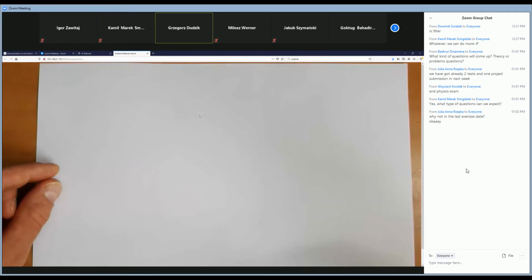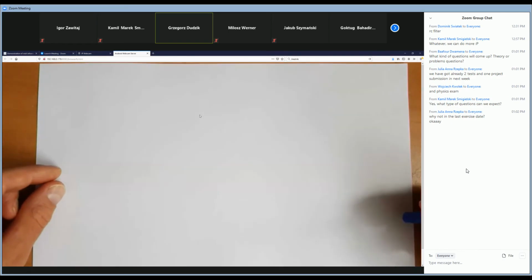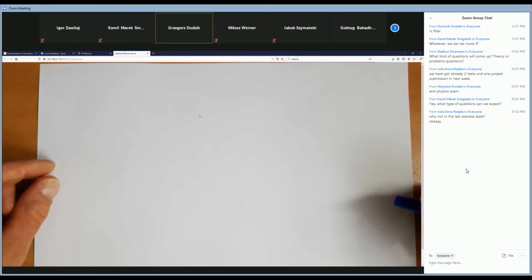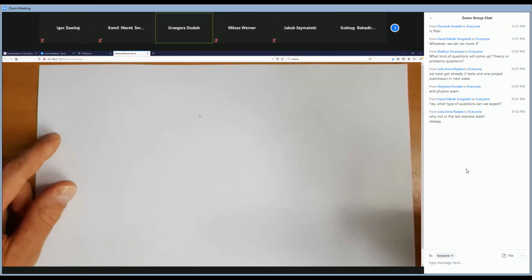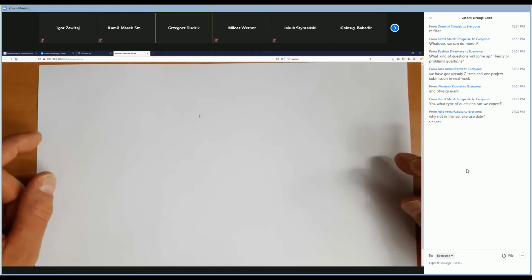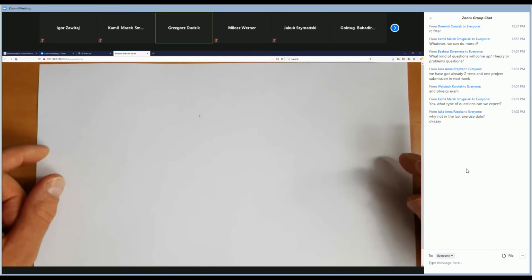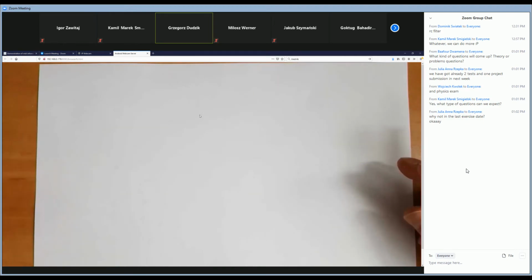But one thing I have to say, what is the range of the material for it? Yeah. This is very important for you. Because the question is, do you want to have the exam or test from the whole material at once time, or do you want to divide it into 2 parts?